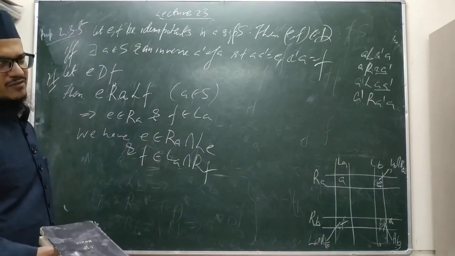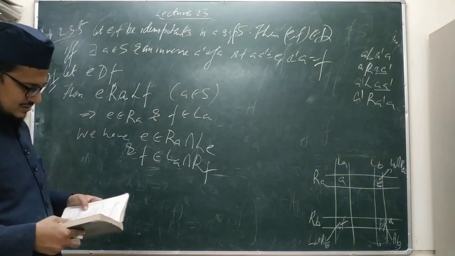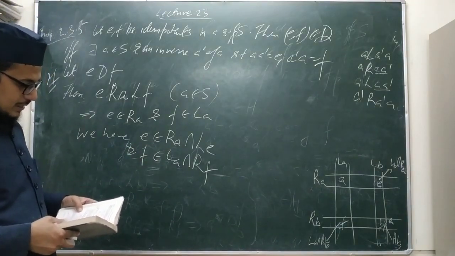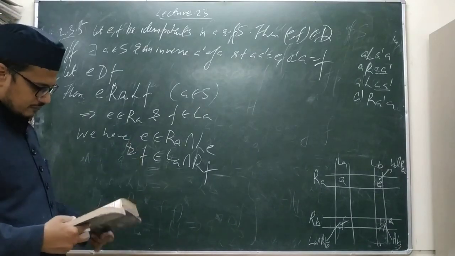Now we can apply the previous theorem, second part. What is that? That if B is in D such that R_B intersection L_B and L_B intersection R_B contain idempotents E and F, then what happens?